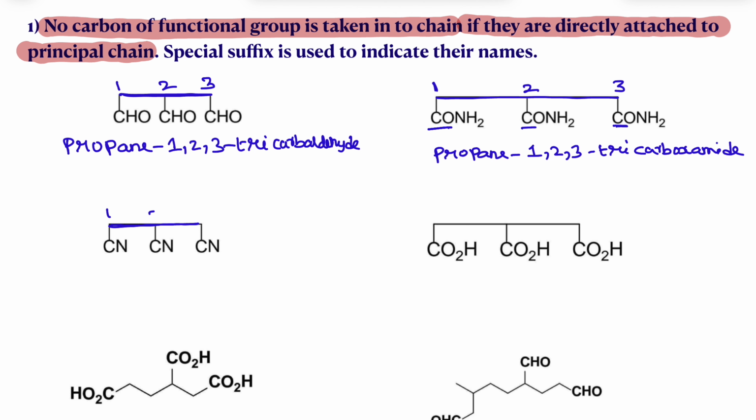Here is a 3 carbon chain, 1 2 3. So the root word is again prop, primary suffix 1 comma 2 comma 3 tri carbonitrile. You understand it properly. Again you can see 3 carboxylic acids, all of them directly attached to the principal carbon chain.